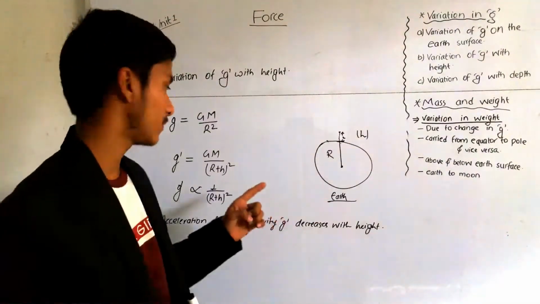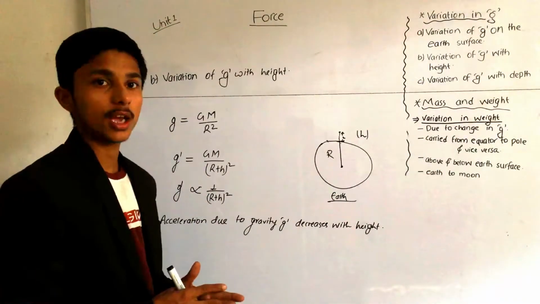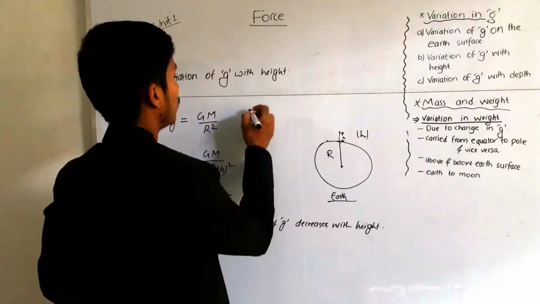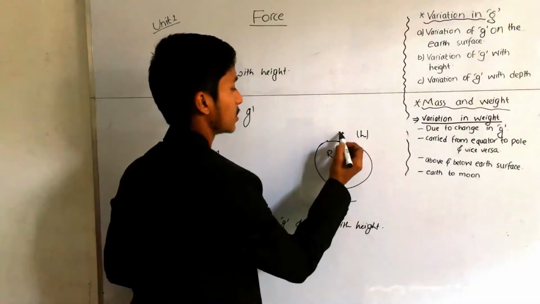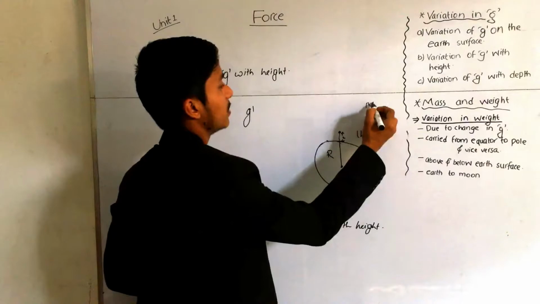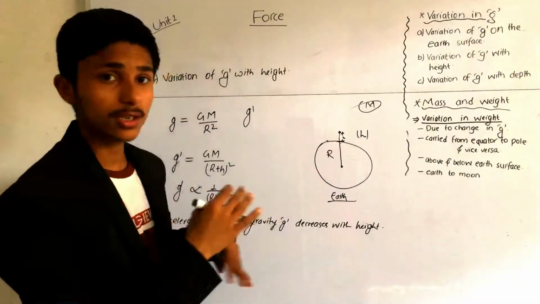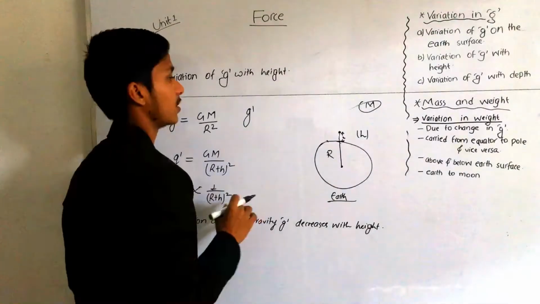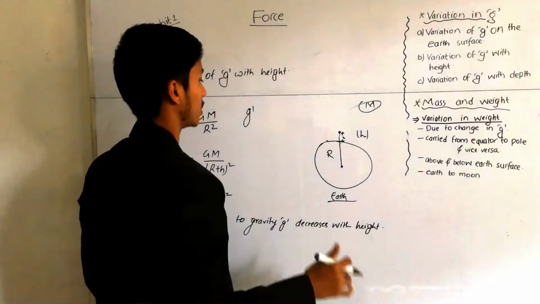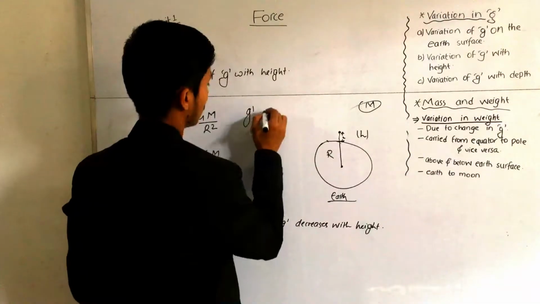And one very important formula, if you are asked to find the value of acceleration due to gravity at this place when the mass of the planet or the mass of the earth is not given, then what will you do? There is a formula.